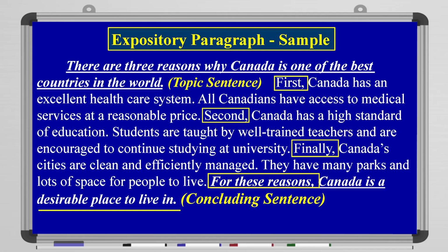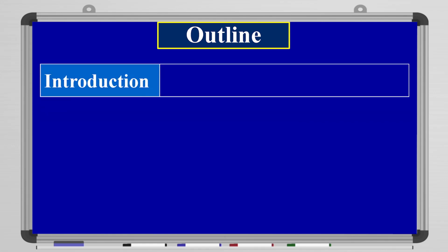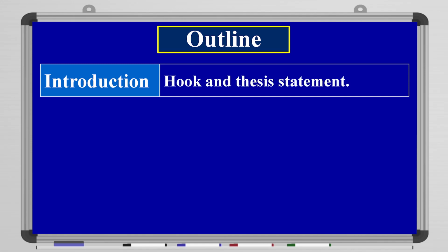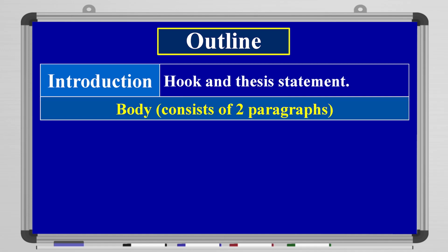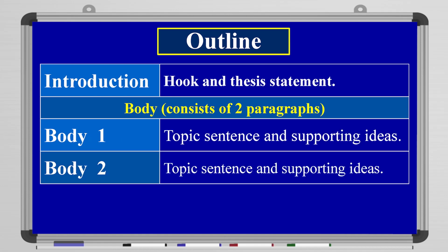Let's take a look at the outline. Every good essay has a good plan. How do we plan essays? Through outlines. So in the outline, we will add the introduction. The introduction, as we said, has a hook and thesis statement. And then we have the body, which consists of two parts, body 1 and body 2.